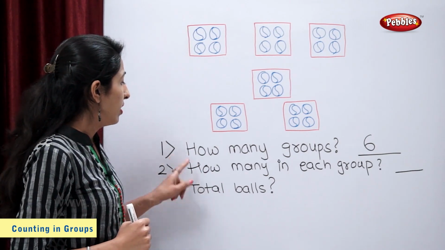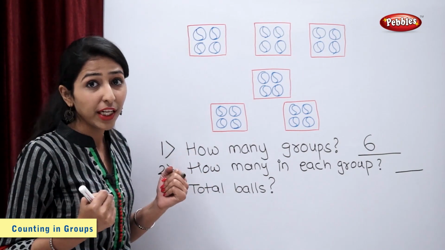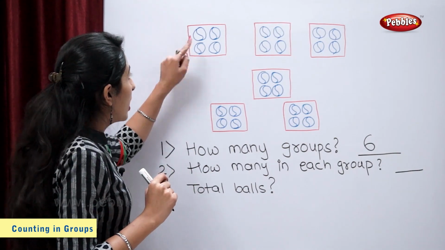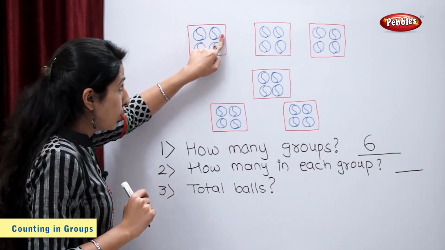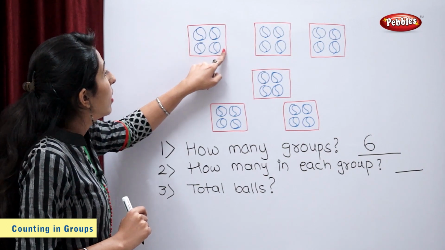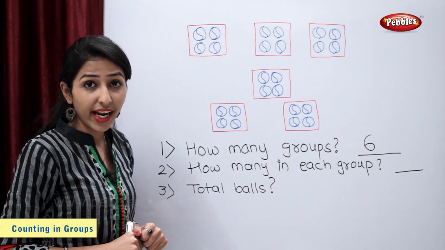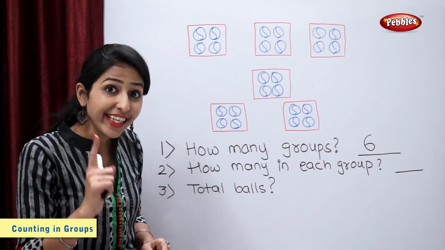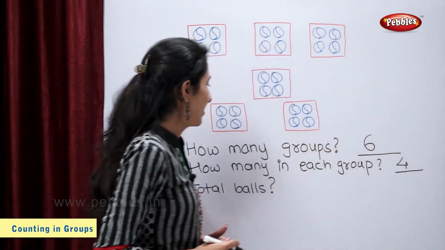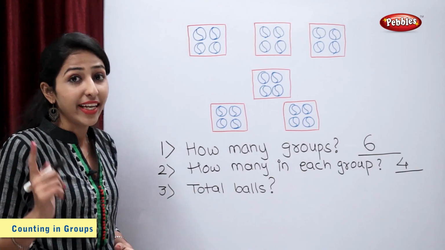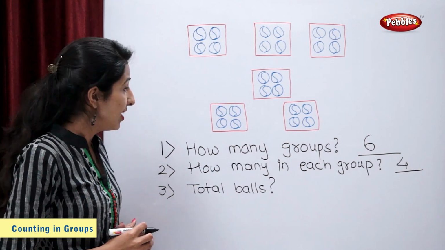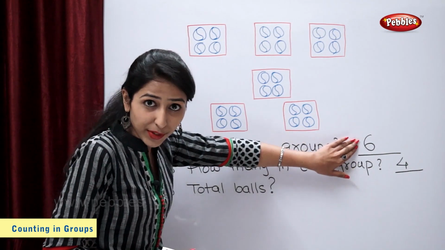Tell me, students, there are how many balls in each group? 1, 2, 3 and 4. So there are 4 balls in each group. Let us count total number of balls. There are 6 groups.